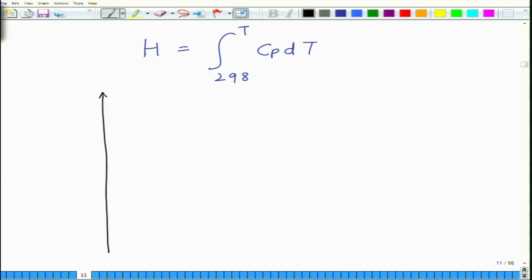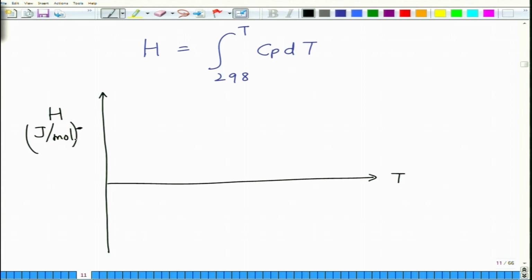And when we plot this as a function of temperature, so this is H, this is T. So, H is basically joule per, let us say, mole, and this is, let us say, 0 Kelvin, and the behavior of this is something like this.